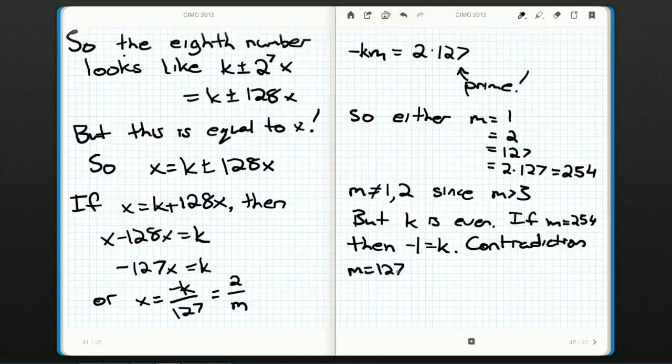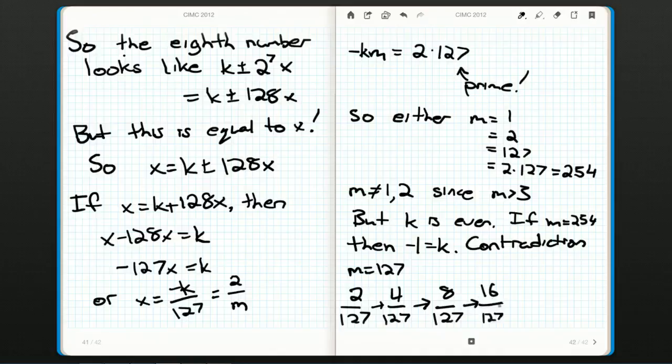Now we'd have to make sure, we'd have to go through and double check that this all does work out. We do get 2 over 127 eventually gives us 2 over 127 back. So if we check 2 over 127, it goes to 4 over 127, goes to 8 over 127, all of these being less than a half, goes to 16 over 127.